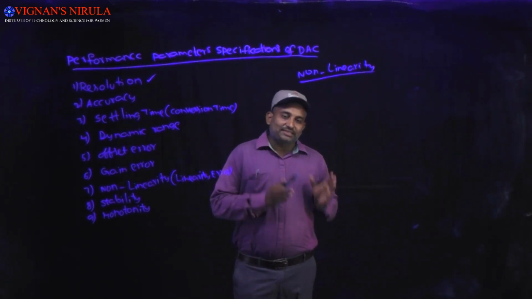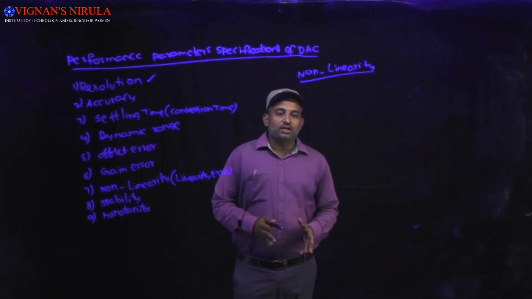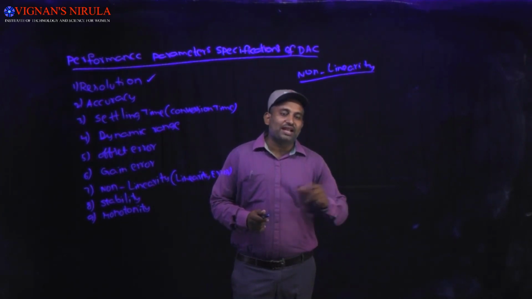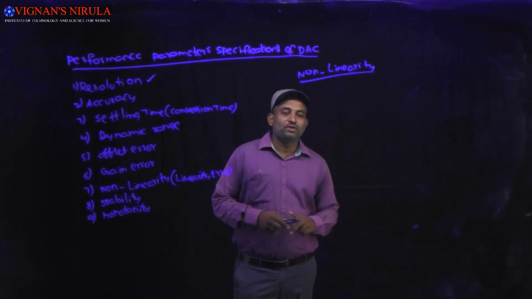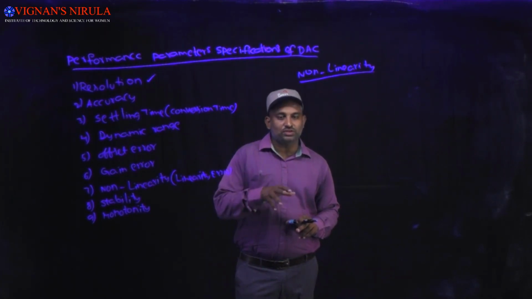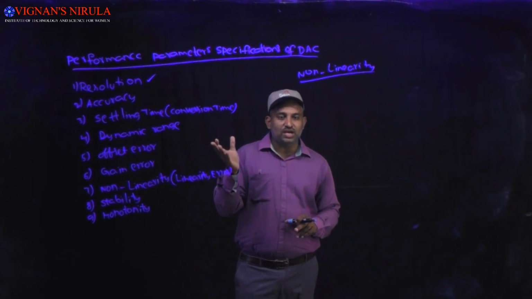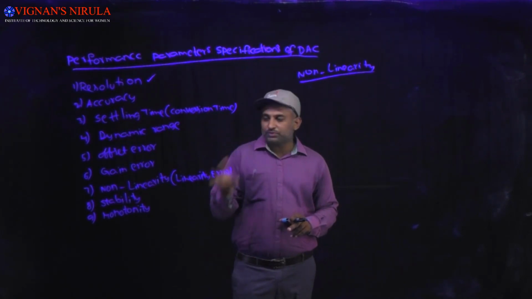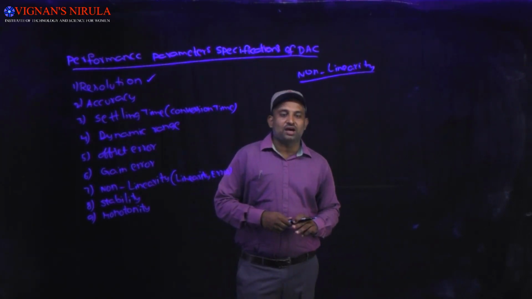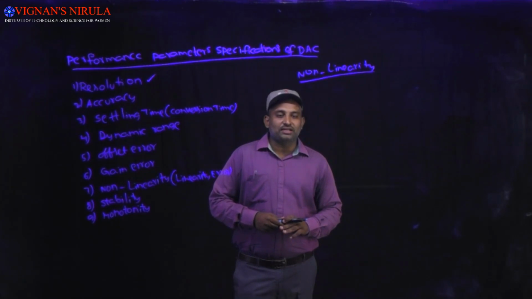But practically, the DAC output differs from the ideal one because of two factors: non-identical resistor values and non-ideal electrical switches which add resistance to the circuit. Two types of non-linearity errors are differential non-linearity error and integral non-linearity error.